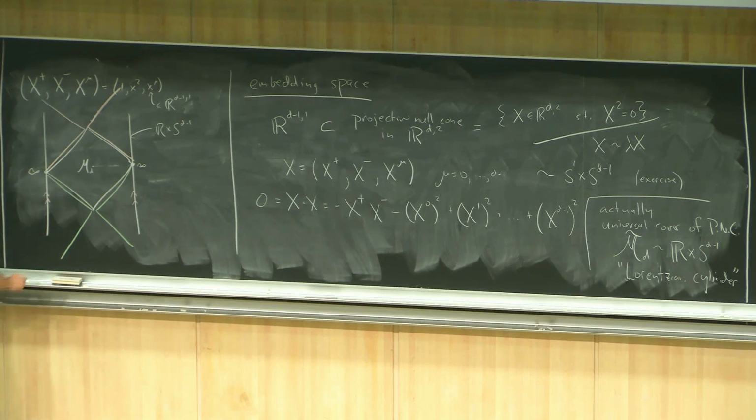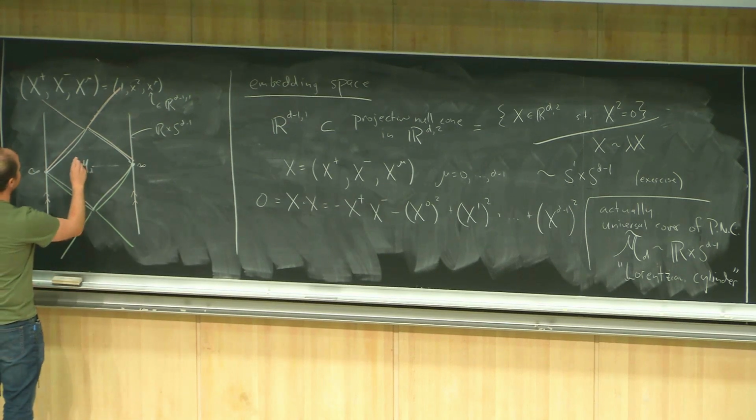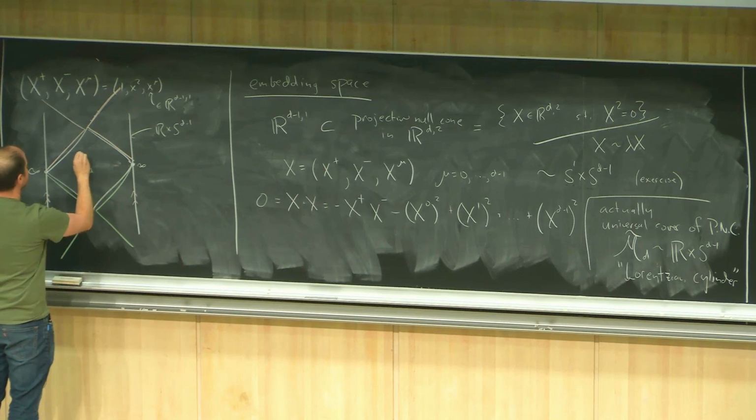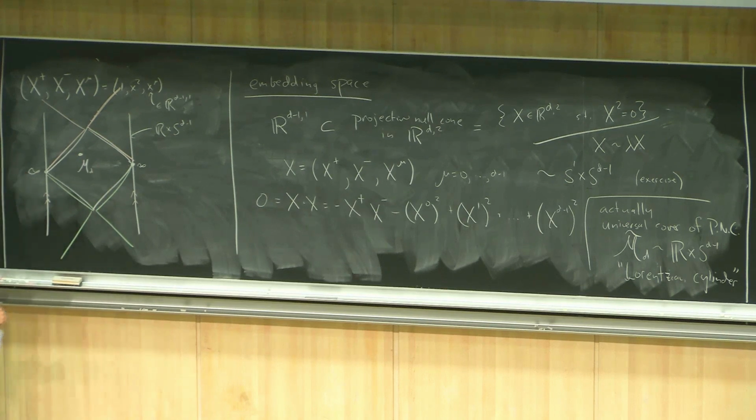And there's a nice operation that you can do. If you take a point in Minkowski space, let's say this point, then there's a distinguished point in each of the other Minkowski patches with the same little x coordinate as this point.